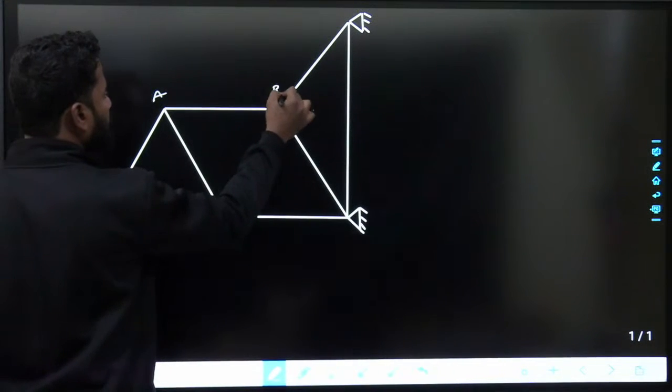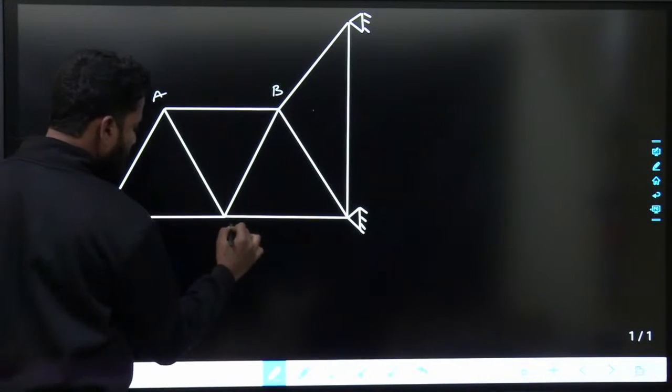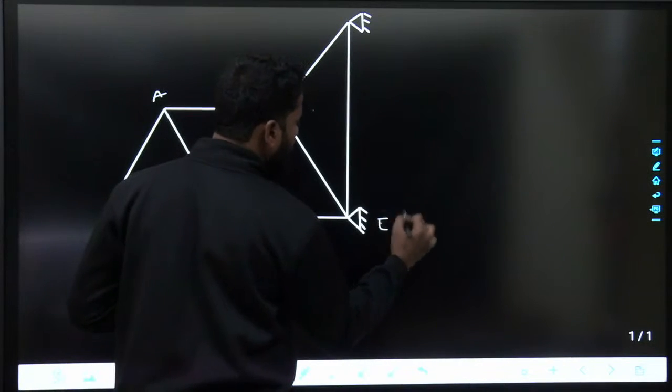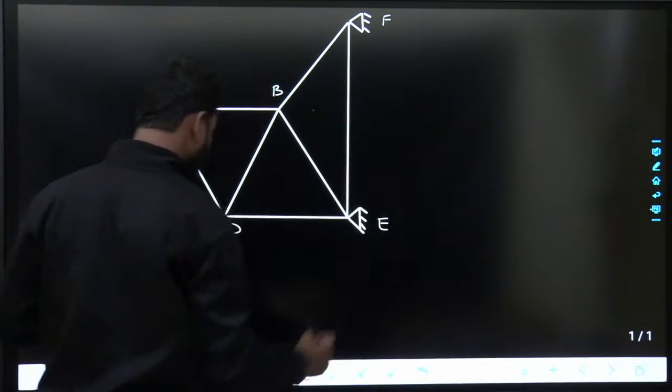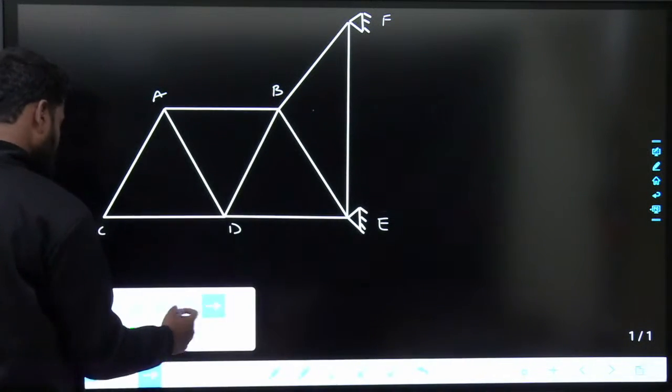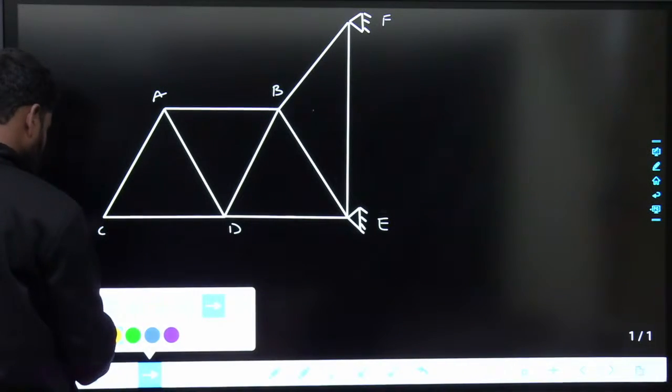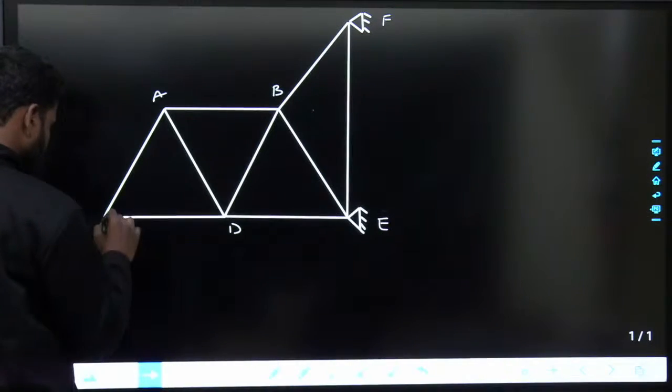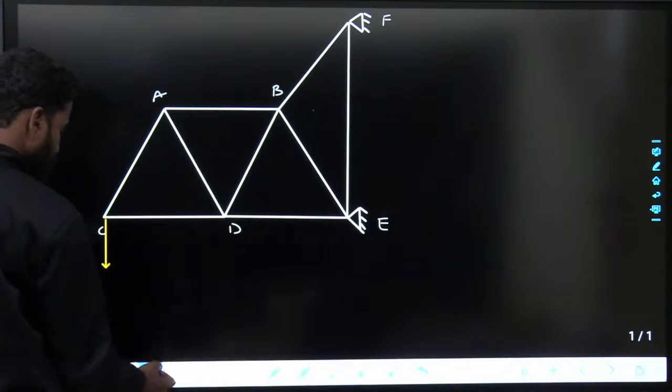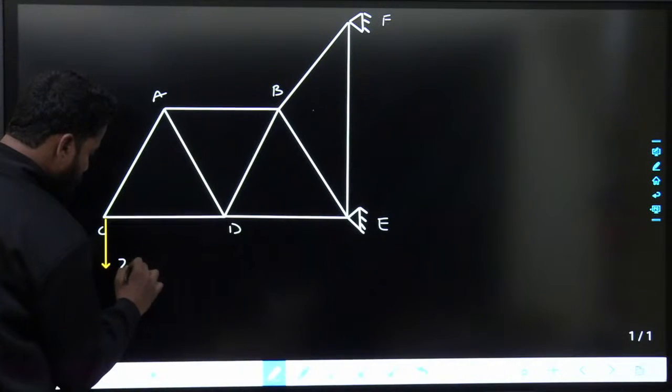A, B, C, D, E, F. There is a load of 20 kilonewtons here.